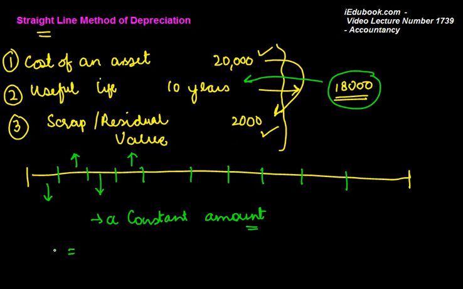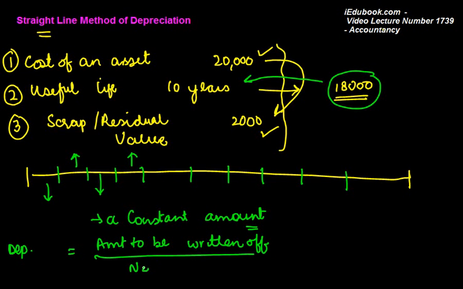The depreciation charge has to be the amount to be written off divided by the number of years. I've just written this formula, but even if I was not writing this, if I asked you that I have to write off 18,000 in 10 years, how much should I write off?